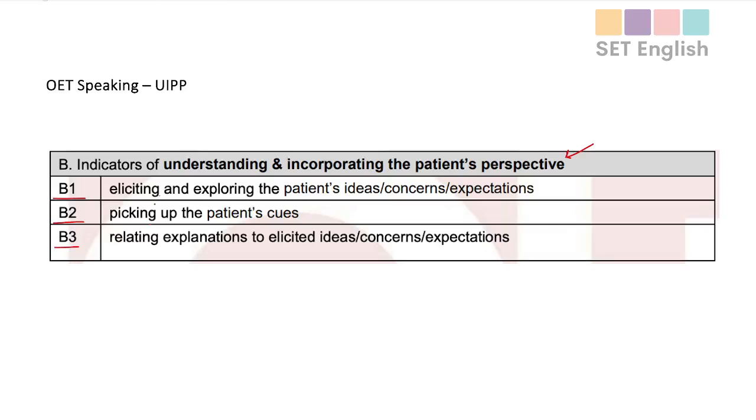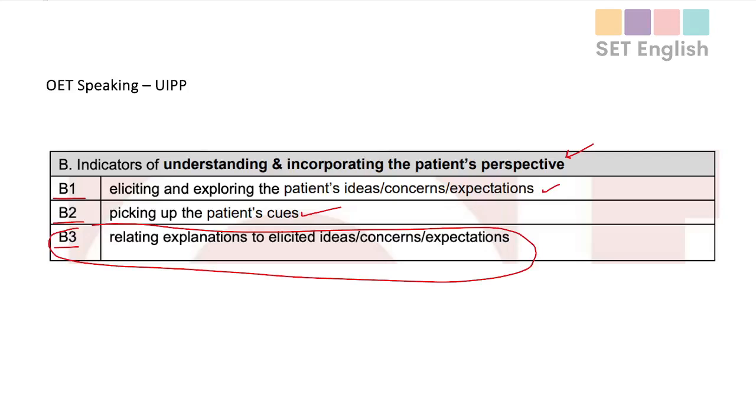So eliciting and exploring a patient's ideas, concerns, and expectations, picking up cues, and then this one here, which I think is really neglected, relating explanations to elicited ideas, concerns, and expectations. I think we often don't do this. Sometimes we're given some advice in the cue card to do this, but sometimes we don't.